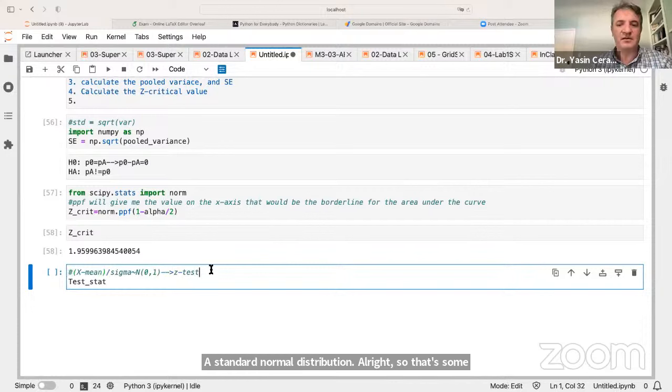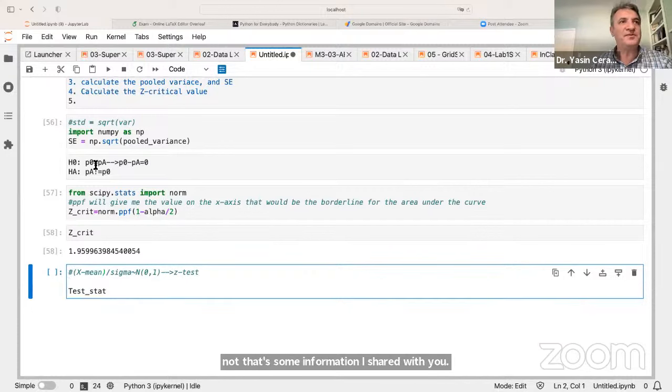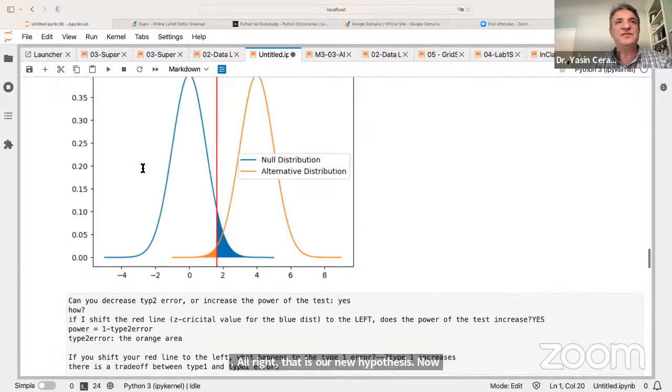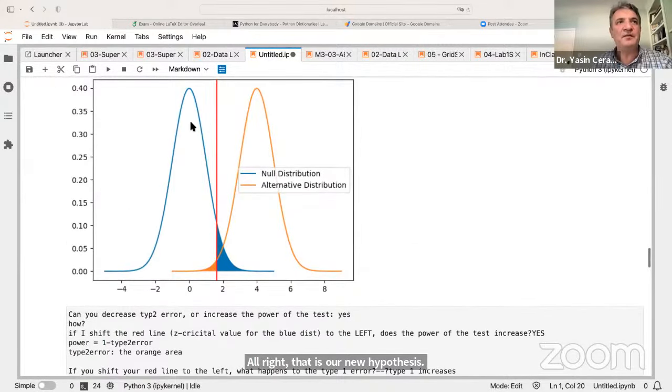Now, our null hypothesis is saying that P0 minus PA is 0. All right. That is our null hypothesis. Now, our null hypothesis is a normal distribution, which is, say, represented by this blue line. And our assumption is that its mean is 0.